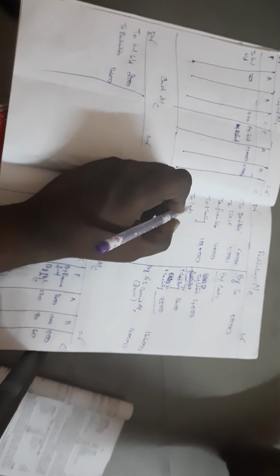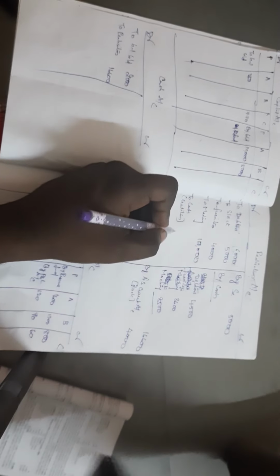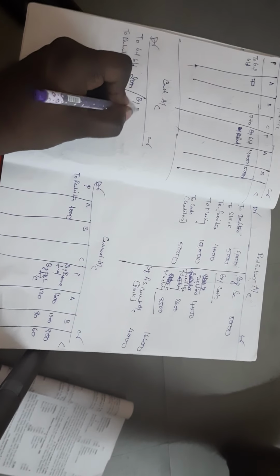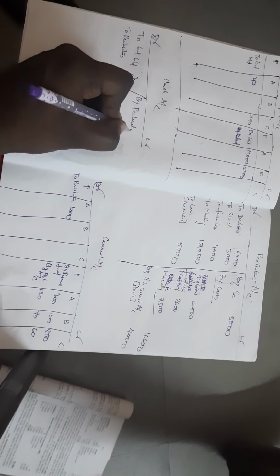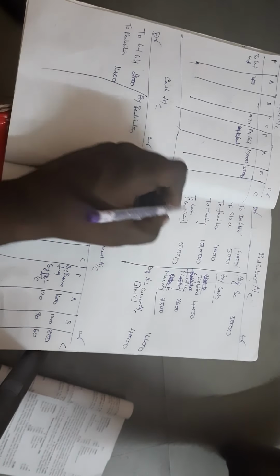How much amount we have to pay? 5,000 we have to pay. So 5,000 paid. So again in cash by realization, that is 5,000.